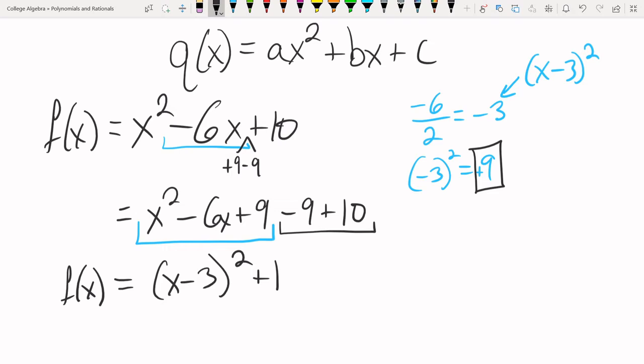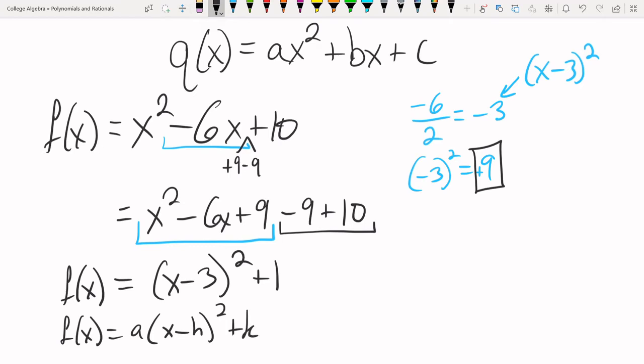One of the most important points on the quadratic is the vertex, which is going to be either the minimum or the maximum, depending on if it's opened up or opened down. And the formula looks like this. F of x equals a times x minus h squared plus k.